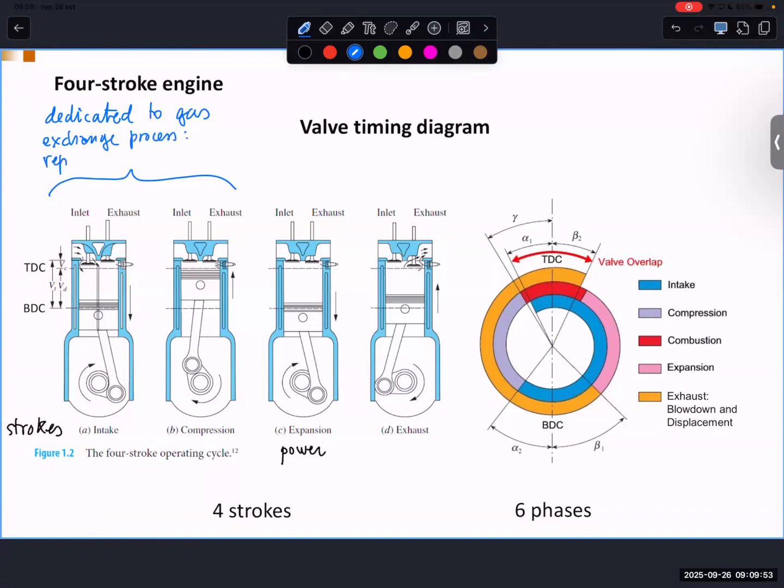So this is replacement of exhaust gas with fresh charge. So we have to dedicate roughly half of the cycle just to take out exhaust gases and put in fresh charge.